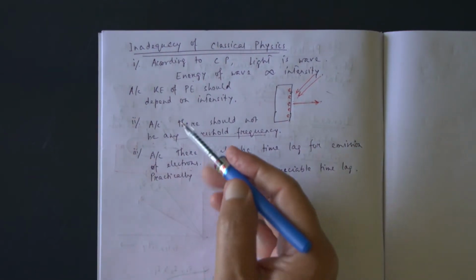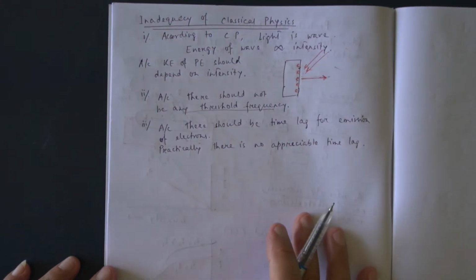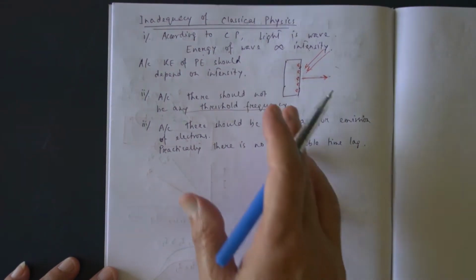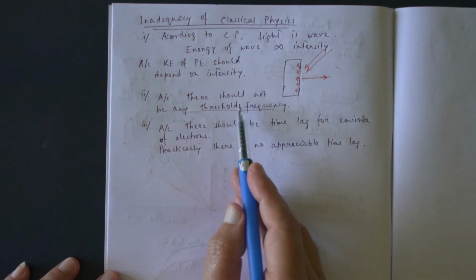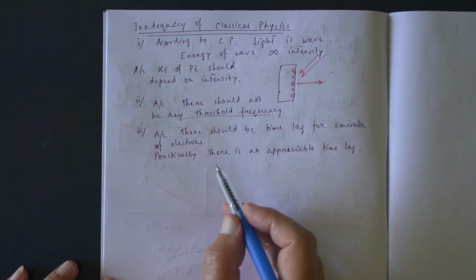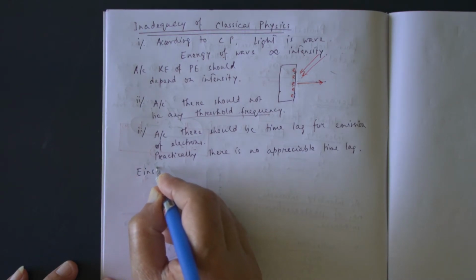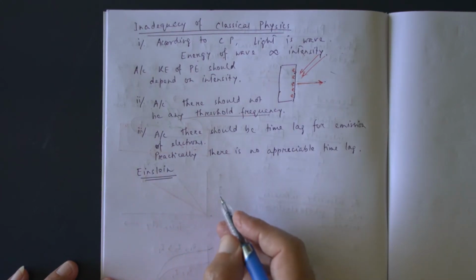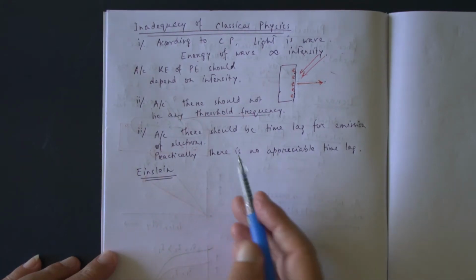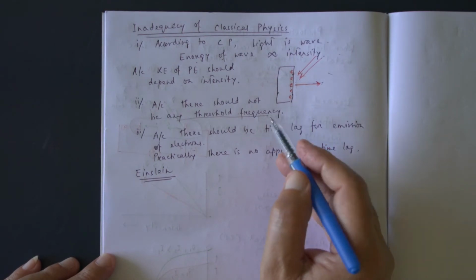So these are the discrepancies of classical physics. That means classical physics cannot explain the results of the photoelectric effect. Then Einstein, in 1905, explained the photoelectric effect using Planck's quantum theory.